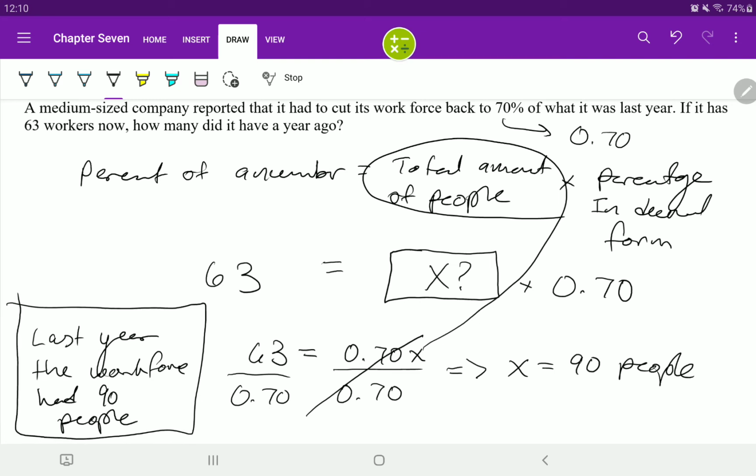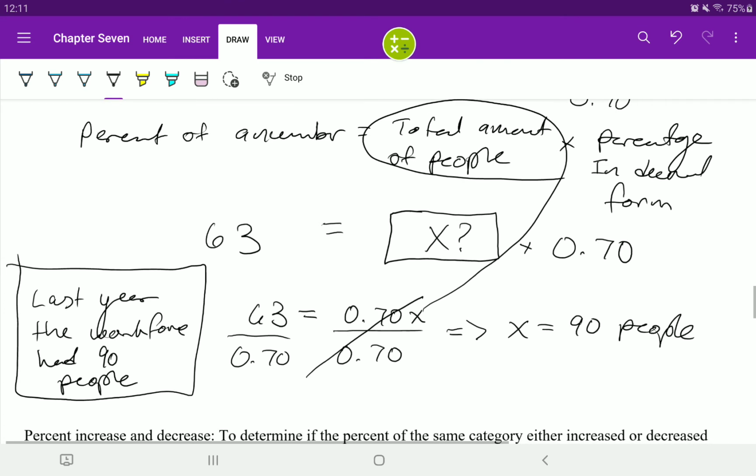Once again, the reason why I did it in this format is because I was given the percentage and it told me in the question, after my percent has been applied, what the new amount is going to be, the percent of the number, which is 63. Therefore, I had to find the total amount of people, or we can say the original number. So therefore, we can give us a new formula to this, which I'm going to do.